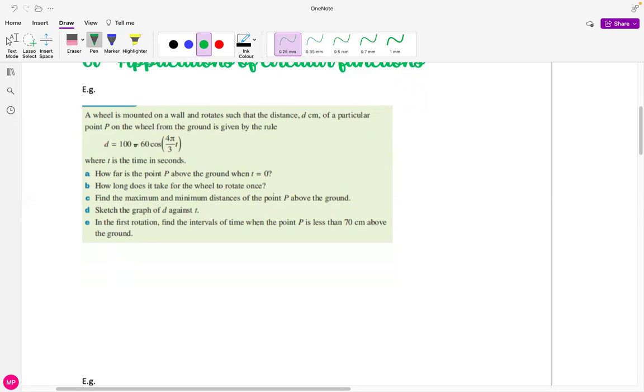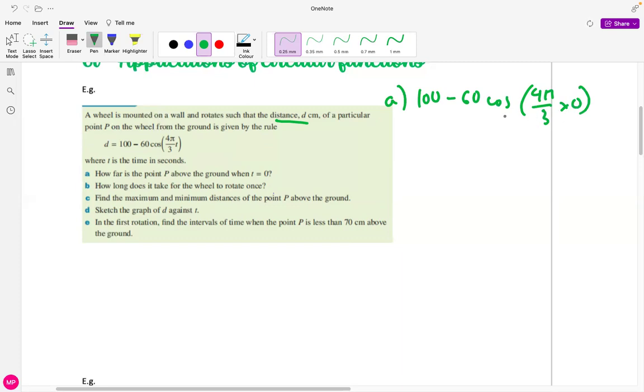So in this example, they give me the equation. D represents the distance and T is the time. Now, question A, how far is point B above the ground when T equals 0? So pretty much you just substitute 0 in, right? So I would have 100 minus 60 times cos of 4 pi over 3 times 0.